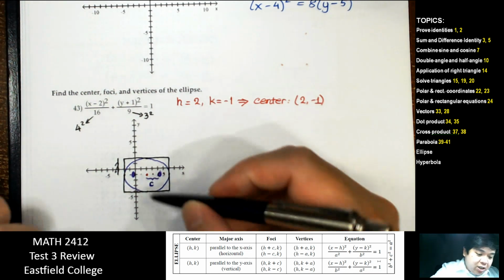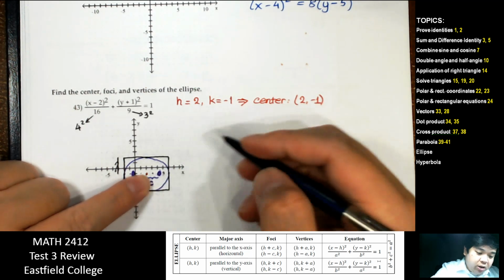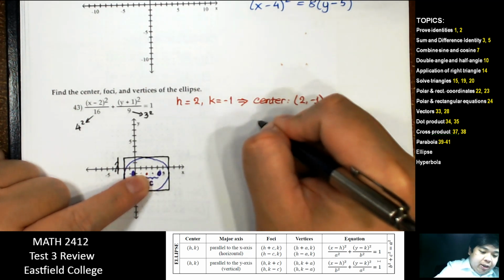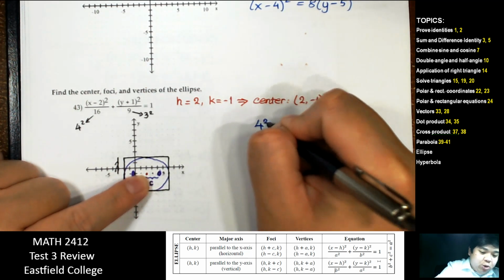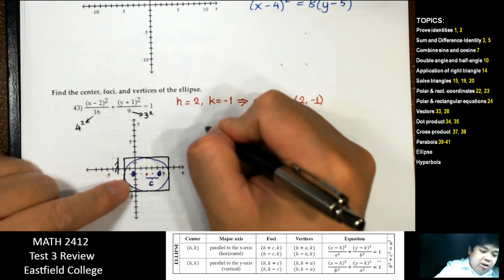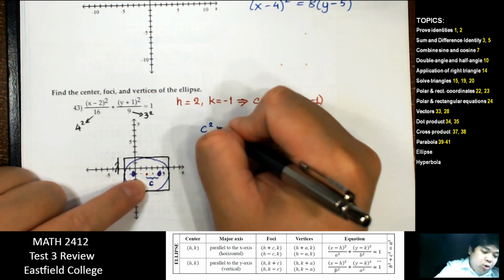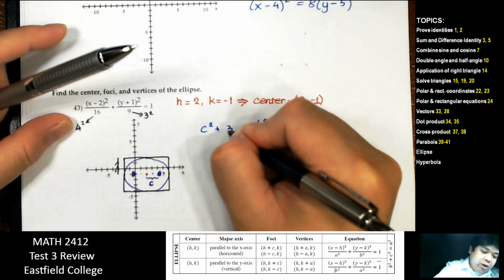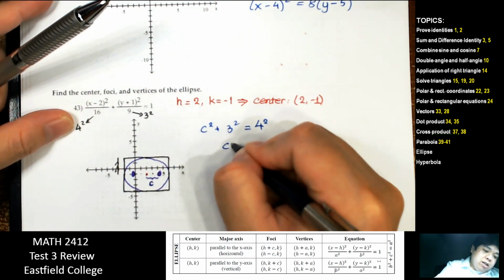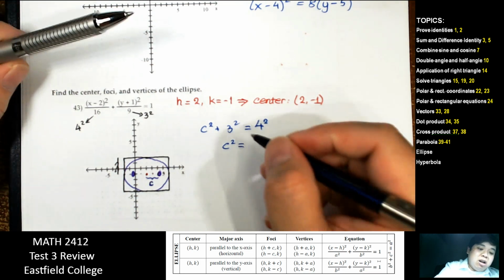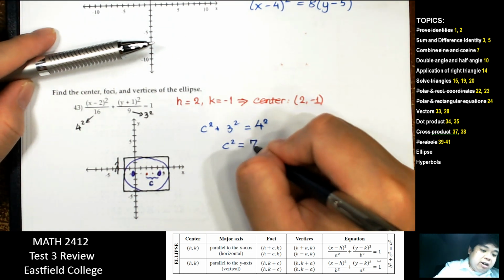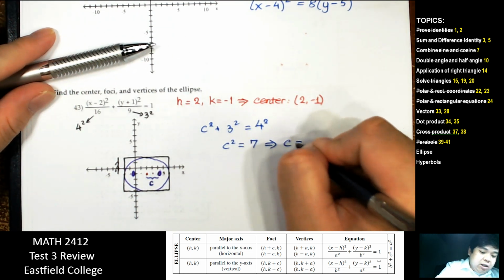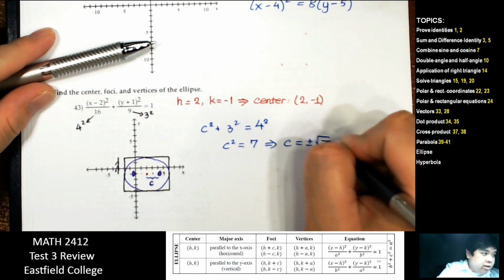What we see here is the biggest side is going to be 4. So by the Pythagorean theorem, we have 4 squared by itself. The other sides we don't know. The smaller sides will be c, and then b, which is 3 squared. Doing this, we have c squared equal to 16 minus 9, which is 7. So c is plus or minus square root of 7.